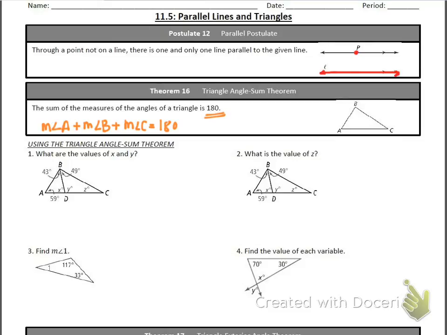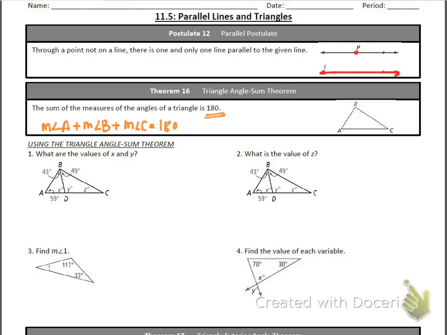So number 1 wants to know what the values of x and y are. Let's look at our picture. I notice that x is in a triangle that already has two other angles listed, right? So x is probably going to be the easier one to solve for. Let's do that one first.